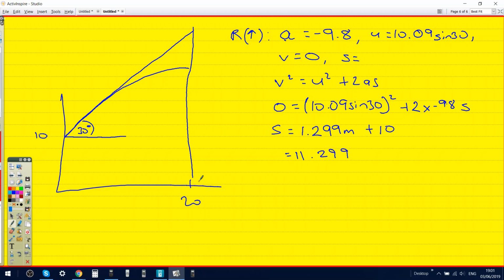So you just find the time. For the wall, when you're doing it this way, you would use s equals vt, or s equals ut, same thing. So s is 20, u is 10 cos 30.